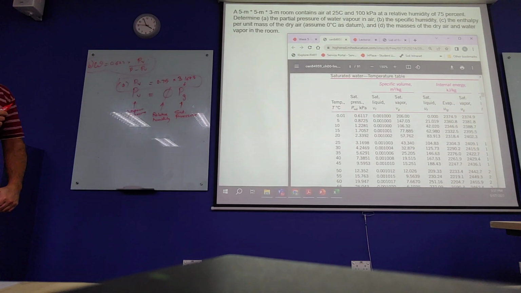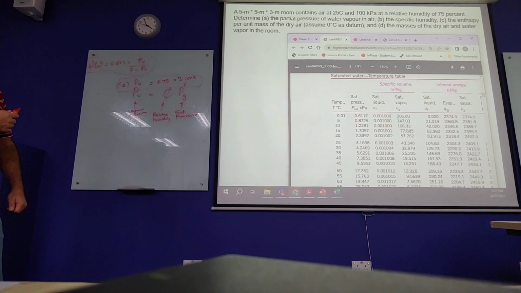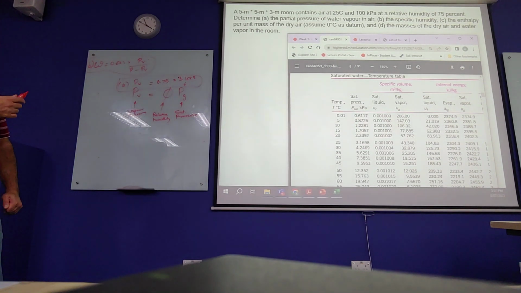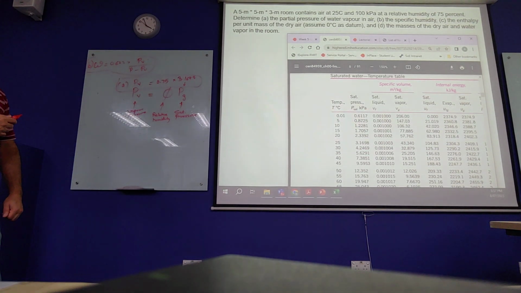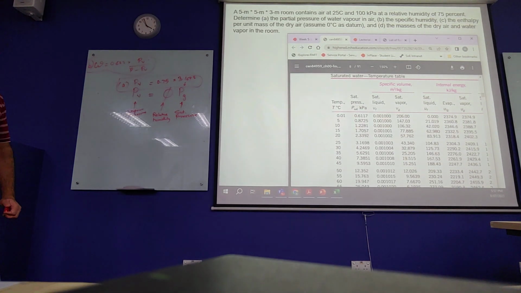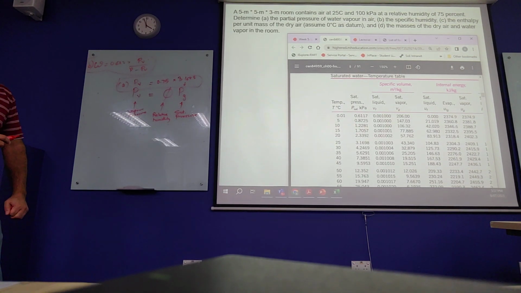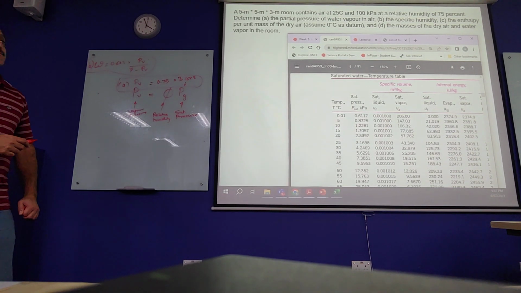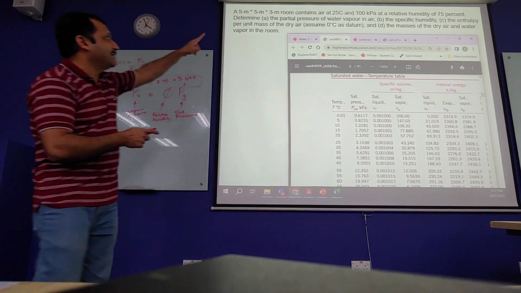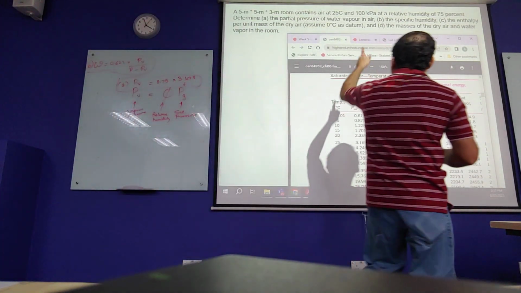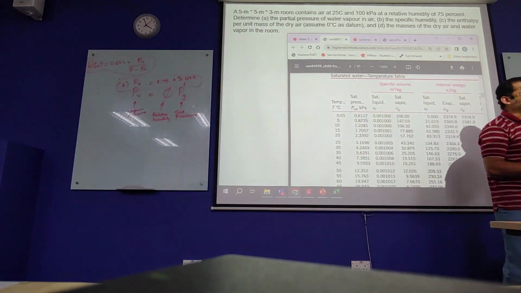And then enthalpy per unit mass of dry air, assuming 0 degrees Celsius as datum. That's where you might struggle a little bit. Let's finish these two parts, A and B, first. And others you can start solving for C.